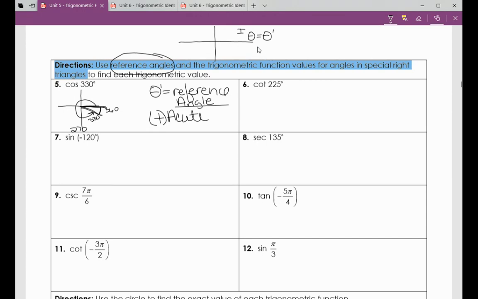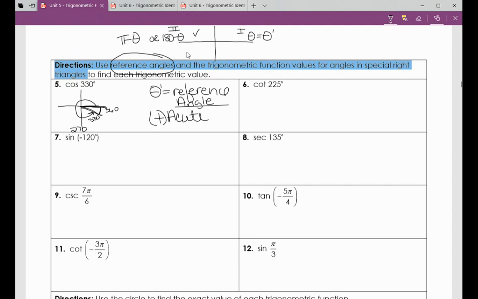If you're in quadrant 2, you're going to take 180 minus theta. It might even be considered pi minus theta. And that will give you a quadrant 2 reference angle.